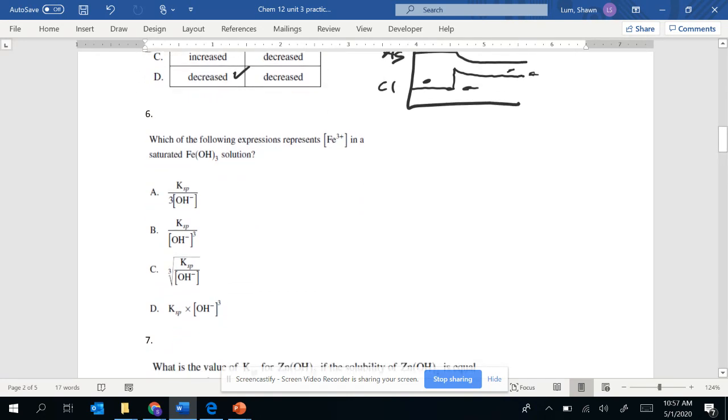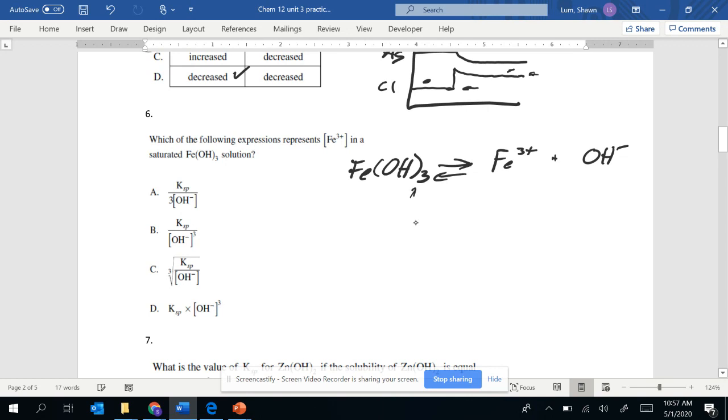Kind of a different kind of question here. Which of the following expressions represents the concentration of Fe3 plus in the saturated solution of iron 3 hydroxide? So first I'm going to write this out. FeOH3 turns into Fe3 plus OH minus. This is not balanced.